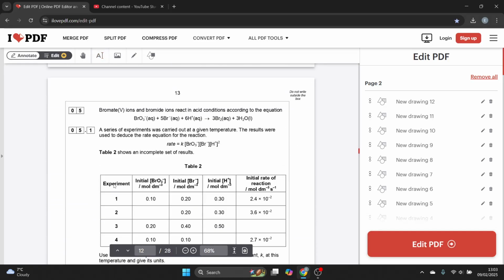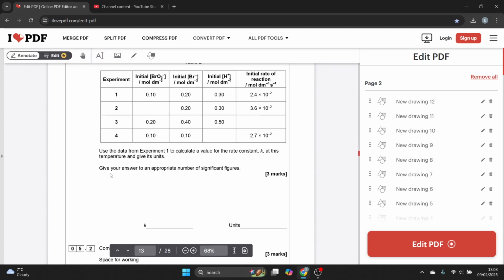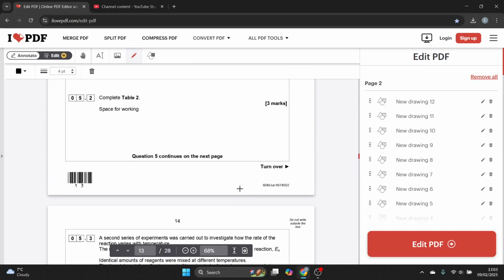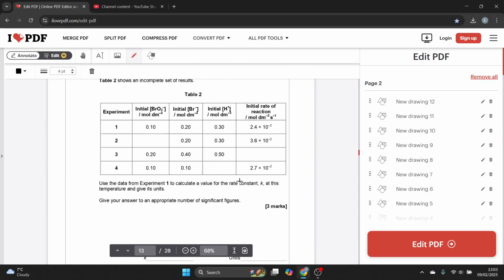Question 5. Use data from experiment 1 to calculate the value for the rate constant k at this temperature and give its units.